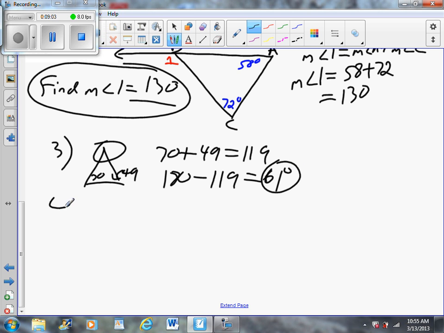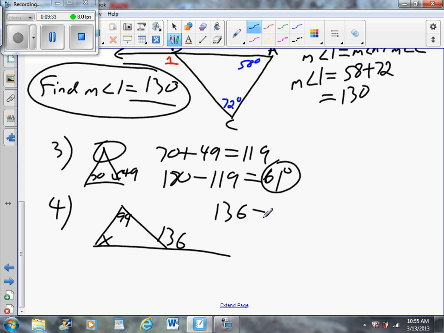On number 4 rather, this is the exterior angle theorem. I'm not going to draw it exactly, it looks something like this. You've got a 136 degree angle out here, 94 up here. You're told X is over here. We know the sum of the two remote interior, the non-adjacent angles, is equal to that exterior angle.